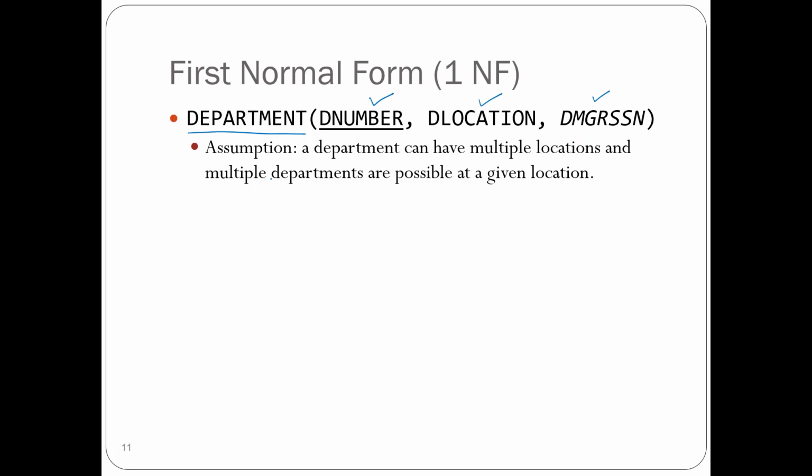Good? Fine. So let's look at the assumption that we have here. The assumption is that a department can have multiple locations. Okay? And multiple departments are possible at a given location, right? So let's think about it. Okay, I will use Stony Brook as the example of location.